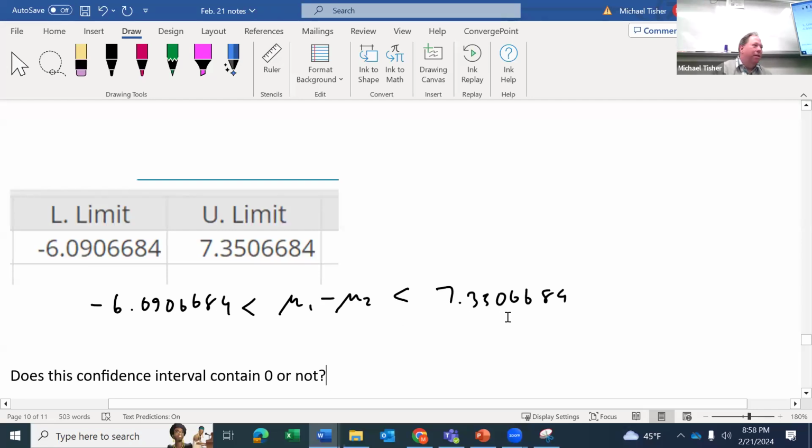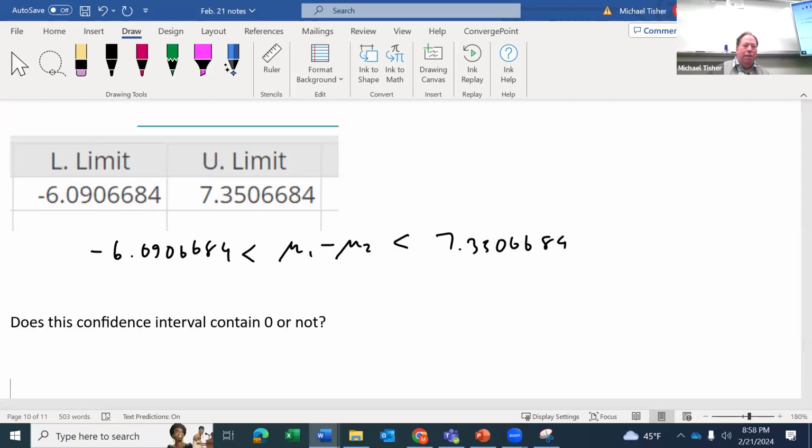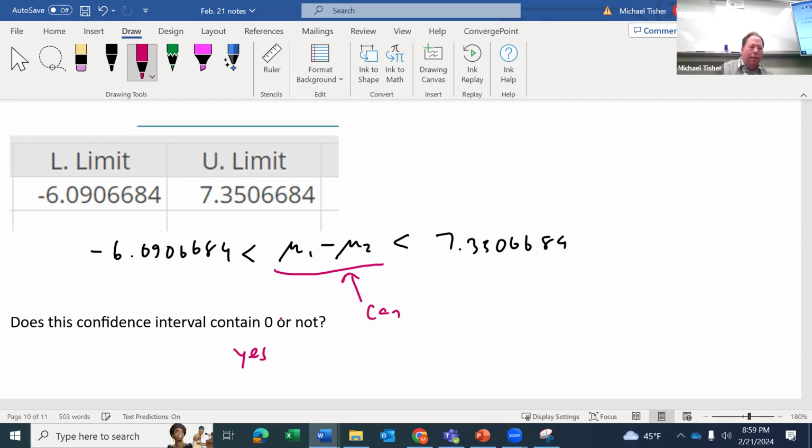7.35 something, right? So is that true? Is 0 between the negative number and the positive number? Yes, it is. So it does contain the 0. And so what this means is that it's possible that this number in the middle here can be 0. So yes, it does contain 0.